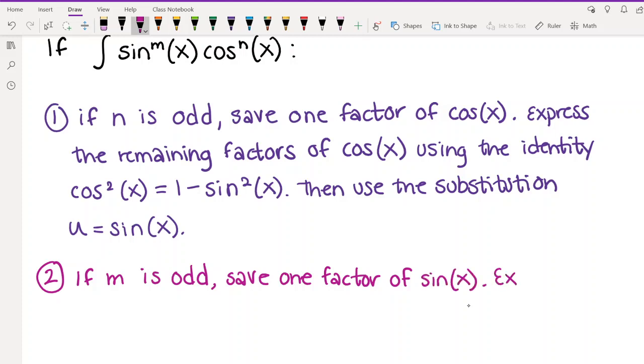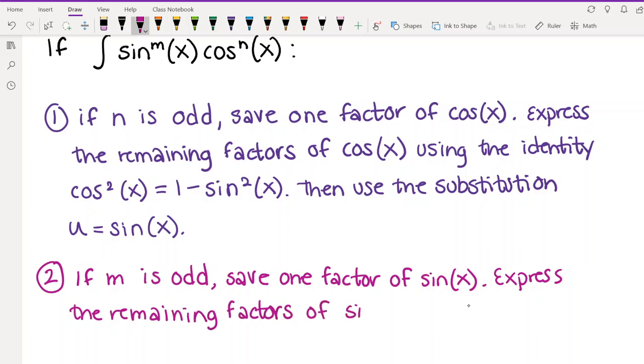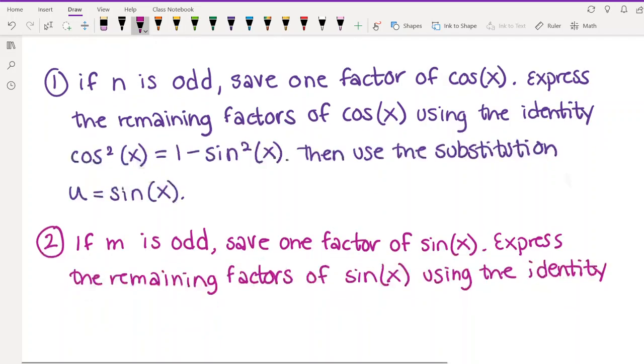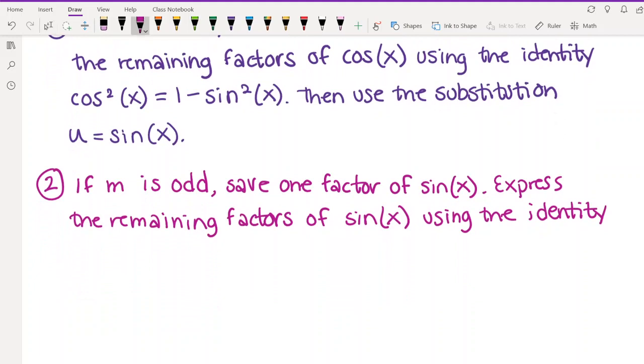We're going to express the remaining factors of sine of x using the identity sine squared of x is equal to 1 minus cosine squared of x.